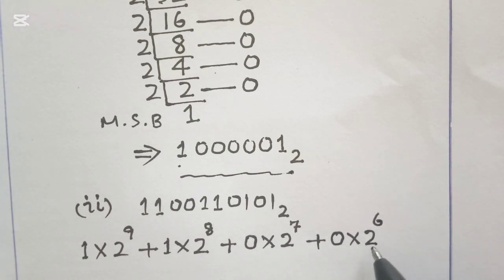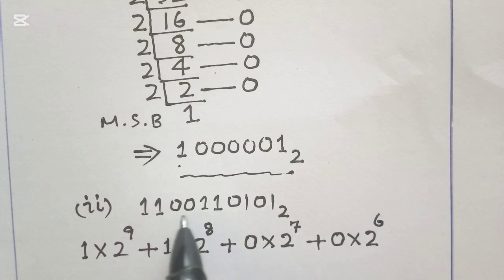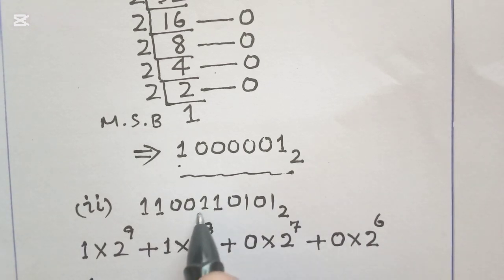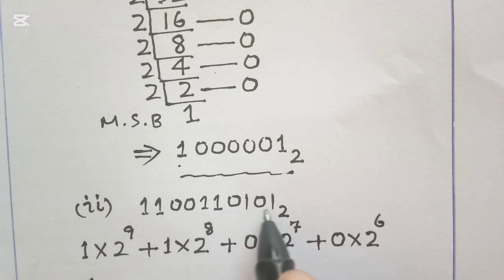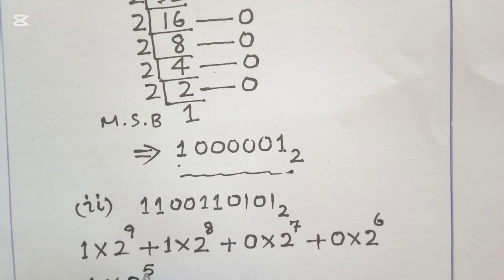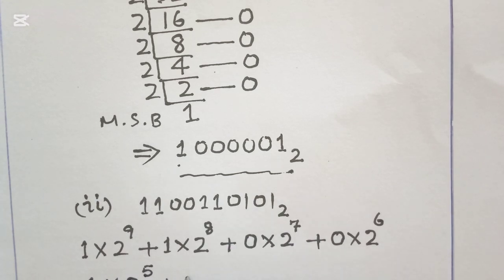Then we come to these 2 zeros, then we have 1. This is the one we are talking about now. From here, it's supposed to be 0, 1, 2, 3, 4, 5. So we are going to have 2 raised to 5. Plus, we still have another 1 there, times 2 raised to 4.